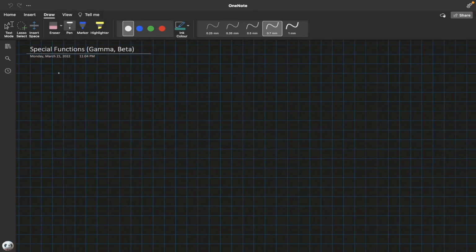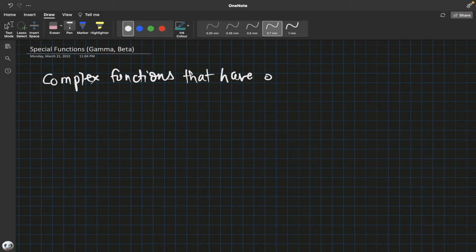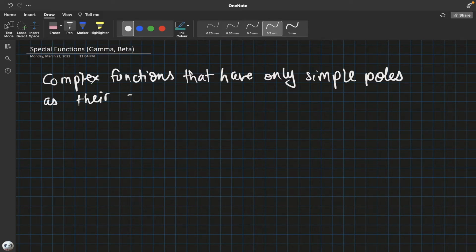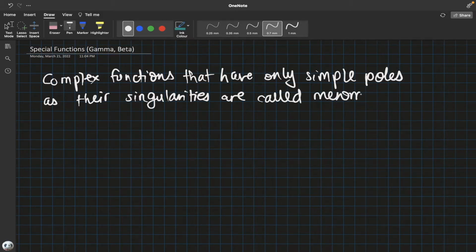Many people really appreciate these things. So let me define something. Complex functions that have only simple poles as their singularities are called meromorphic functions.